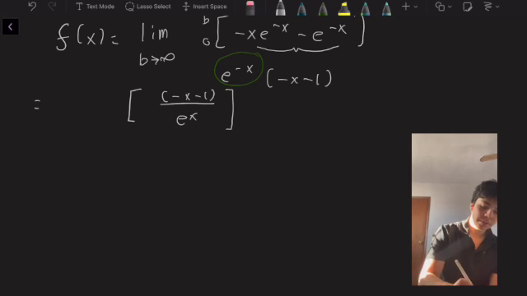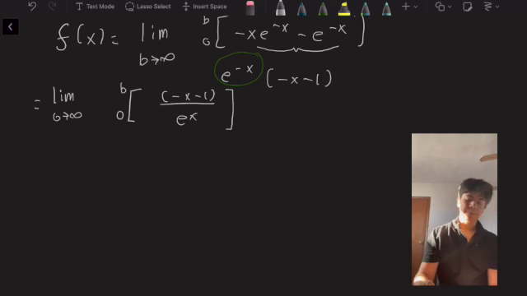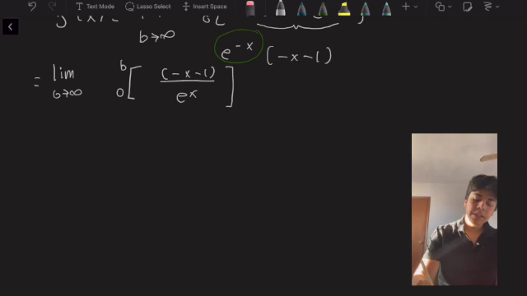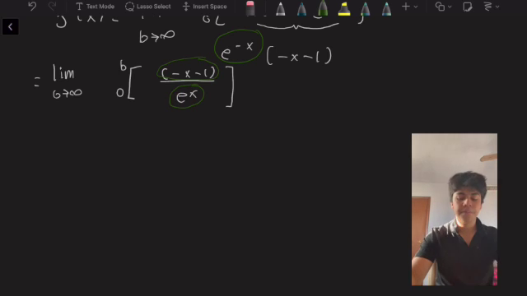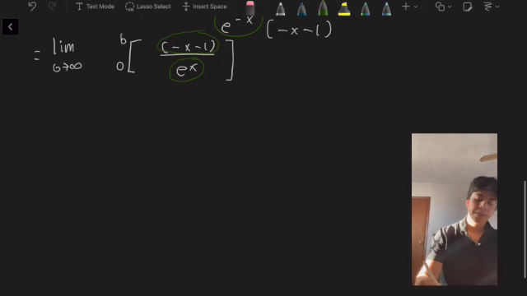Let me rewrite this real quick. Limit as b goes to infinity from b to 0. Okay, so what we need to understand is this exponential term is going to grow much faster than this linear term. So we can basically say that by that definition, e to the x is going to grow way faster than that. It's going to approach 0.